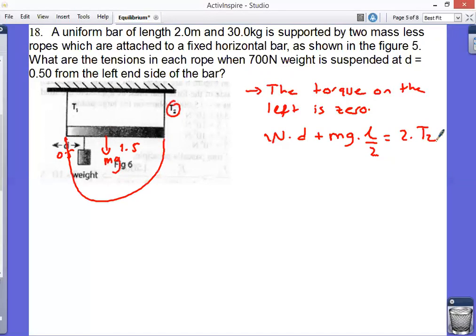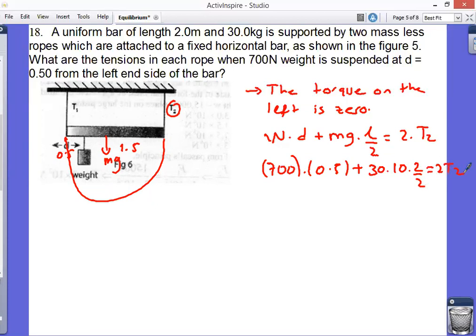So when we do this, let's put here our value of the weight, which is 700 Newton, times 0.5, plus, what is our value of the mass? 30. Let's say gravity as 10, and 2 over 2, because the bar is 2 meters, equal to 2 T2, okay?